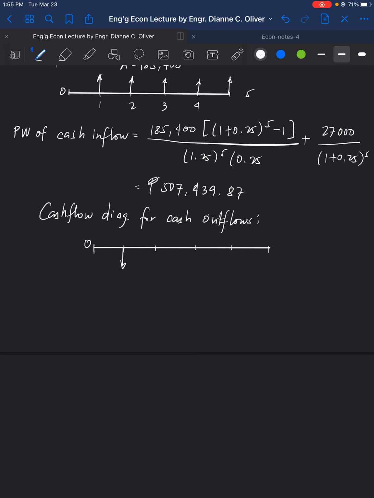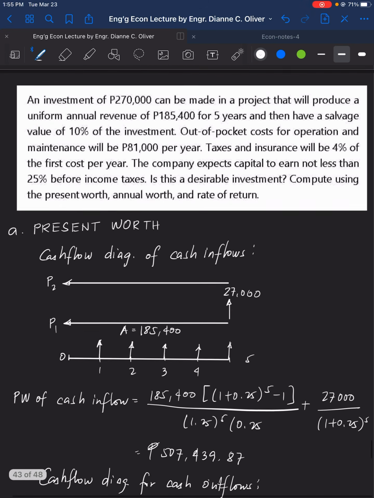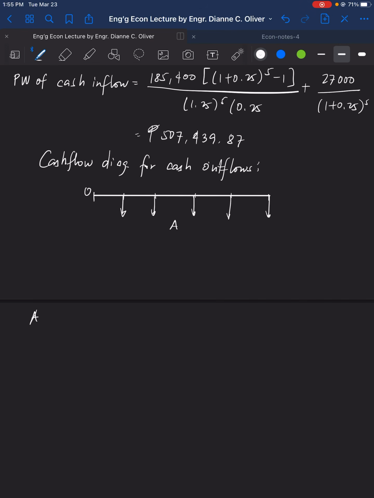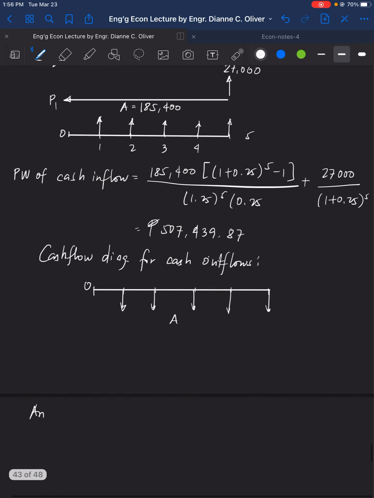So what we have here is, let's compute for the annual cost. Because how many annual costs do we have? We have the out-of-pocket cost and operation maintenance with 81,000 per year. Then we have the taxes and insurance. So let's compute for that.